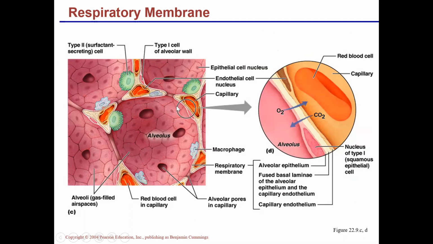If you enlarge this respiratory membrane, this is the alveolar simple squamous epithelial cells. In between is the basement membrane, and on this side is the blood capillary simple squamous epithelial cells. So all these three layers together make up the respiratory membrane. Respiratory membrane, three parts.